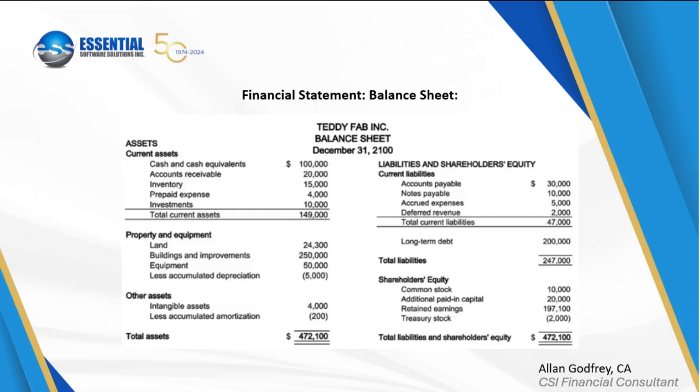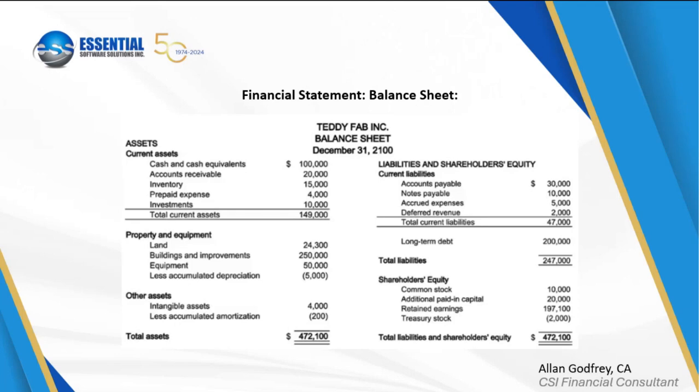And then you've got intangible assets, and then the offset again of the accumulated depreciation of that. Generally, intangible assets are more things like goodwill within your organization.